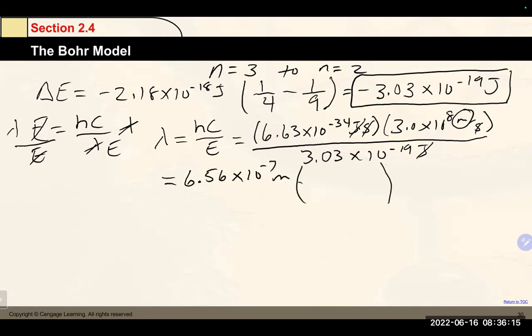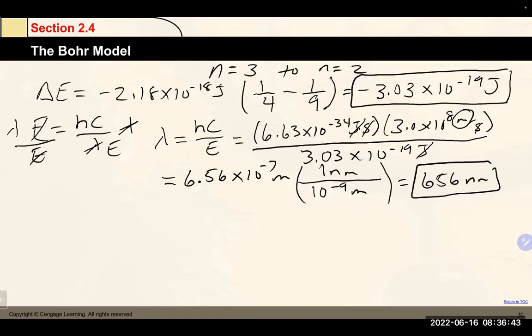Transferring it into nanometers, 10 to the minus 9 meters is 1 nanometer, and remember that is basically 1 times 10 to the minus 9 in your calculator. So we divide by 10 to the minus 9, and that yields 656 nanometers.